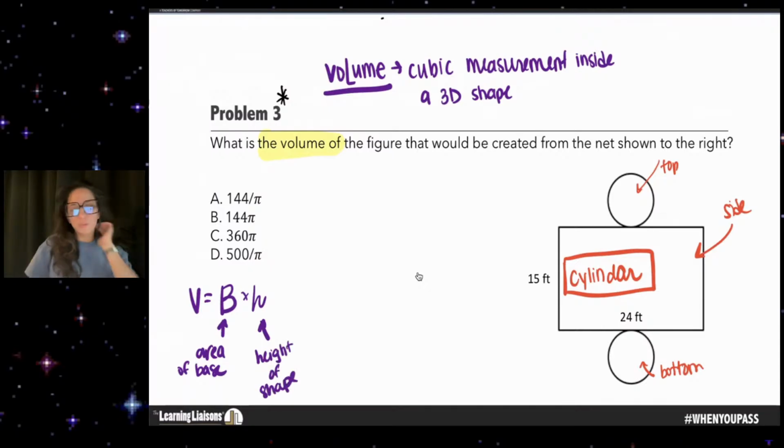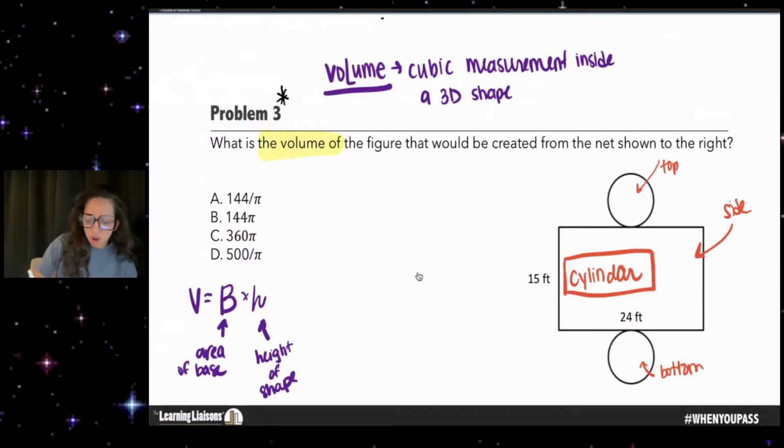Now, this only works for prismatic-like shapes. This is not a prism. A cylinder is not a prism because there are characteristics about it that don't classify it as a prism, but it really operates when we're talking about formulas like a prism because it has a base and a height.